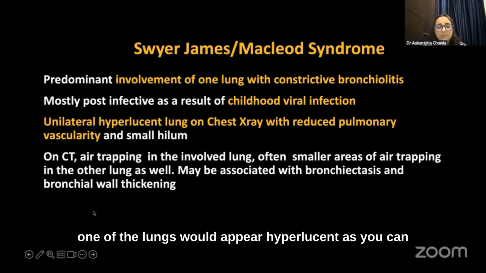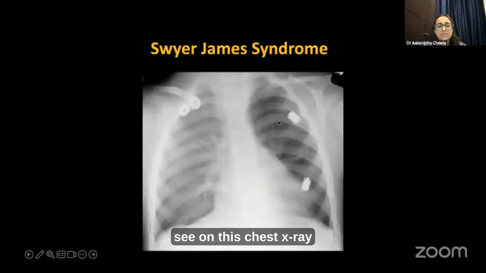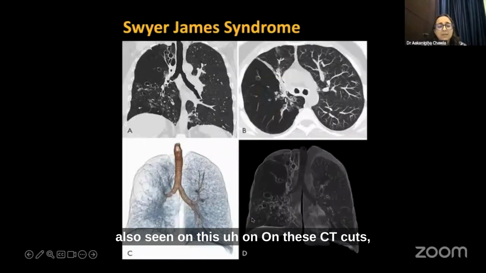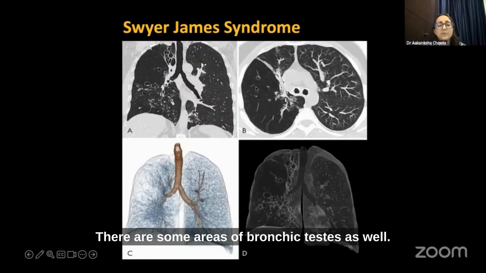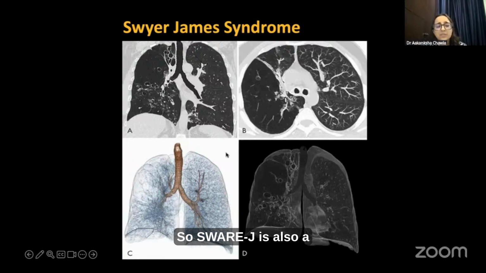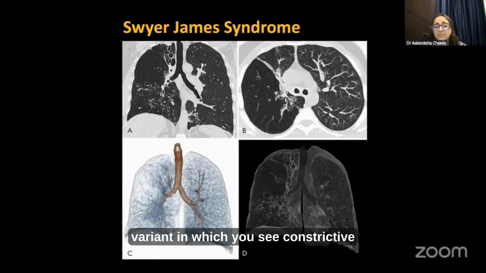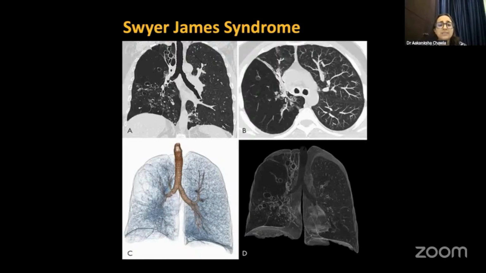So one of the lungs would appear hyperlucent, as you can see on this chest X-ray. Also seen on these CT cuts, you can see that there is hyperlucency. There are some areas of bronchiectasis as well. There are some areas of fibrosis as well. So Swyer-James is also a variant in which you see constrictive bronchiolitis.